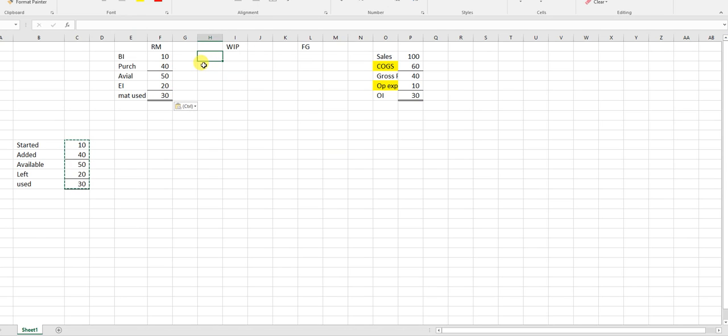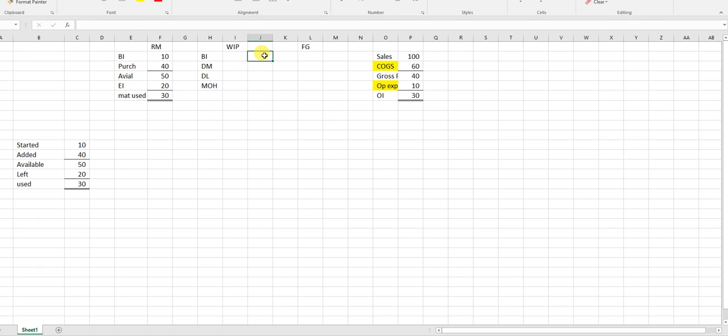Then for work in process, what I started with is beginning inventory. However, what I add to work in process are 3 things, and you're going to see with their formal statement, which I'll show you in just a second. They have a little bit more formal, but they add 3 things: direct materials, direct labor, and manufacturing overhead. Okay? So I'm going to actually put these over here.